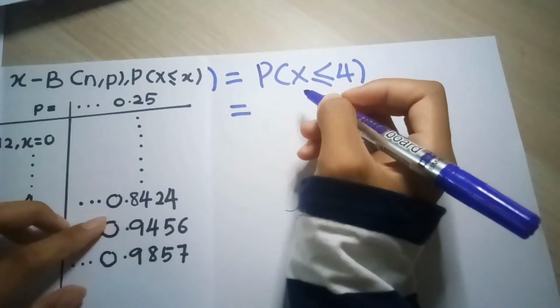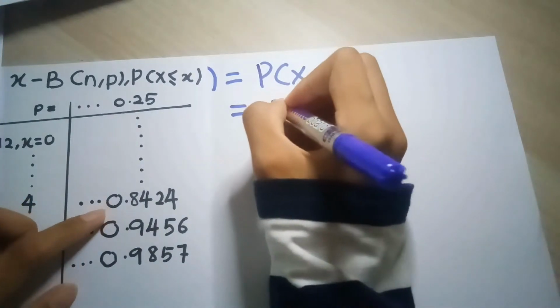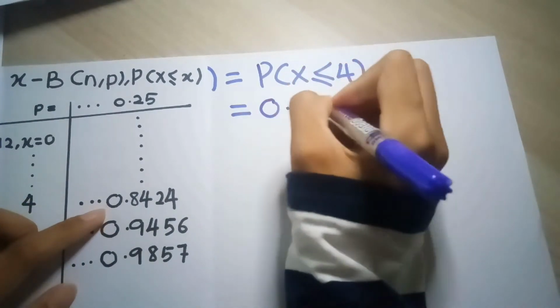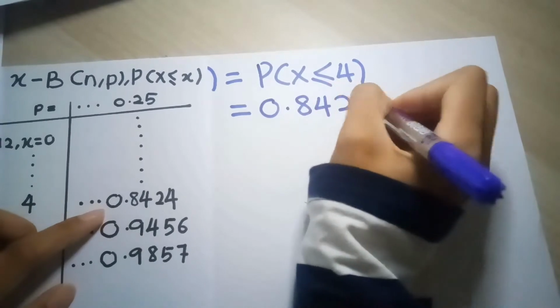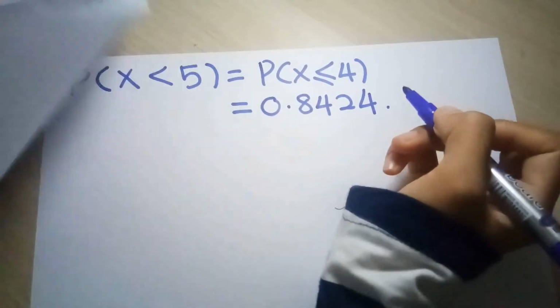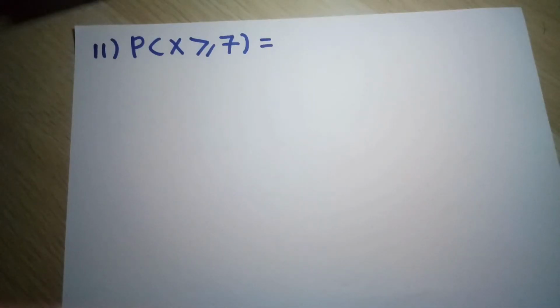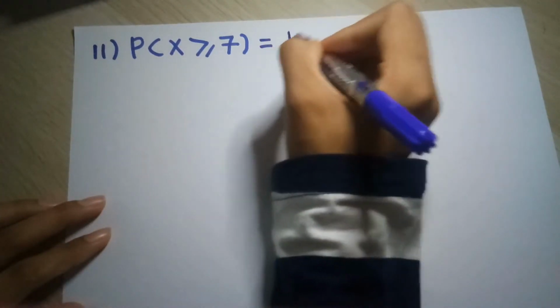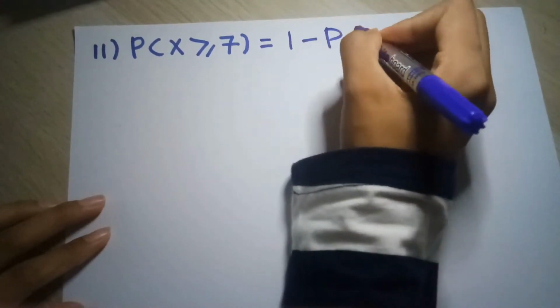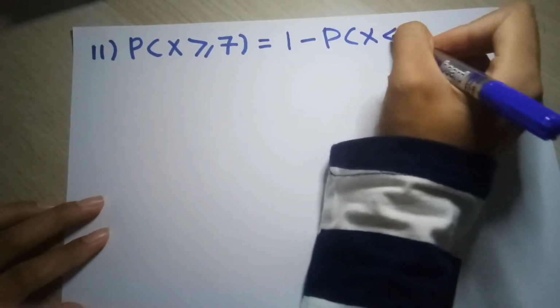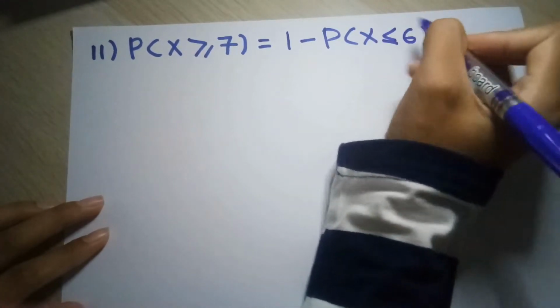So our answer is 0.8424. Okay, next, part 2, P(x ≥ 7) is exactly 1 minus P(x ≤ 6).